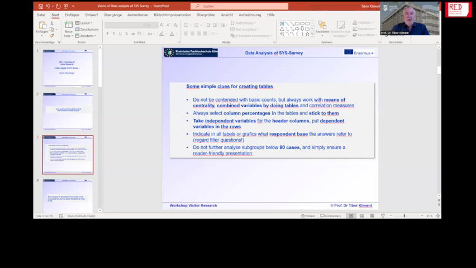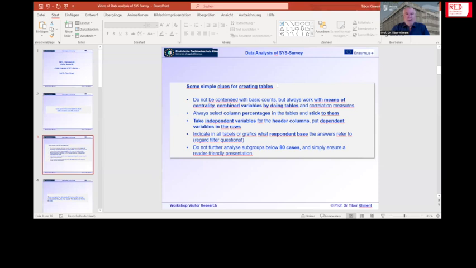When you create a table, you always have columns and rows. There are different opportunities to present the data within a table.